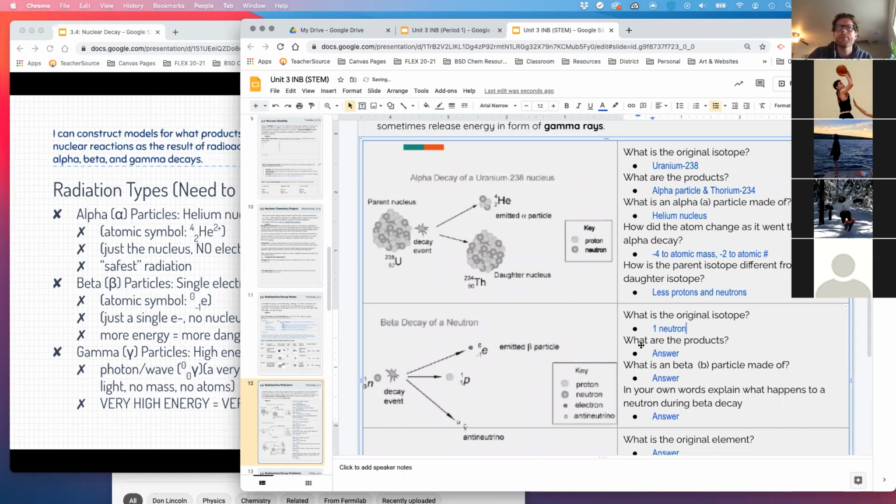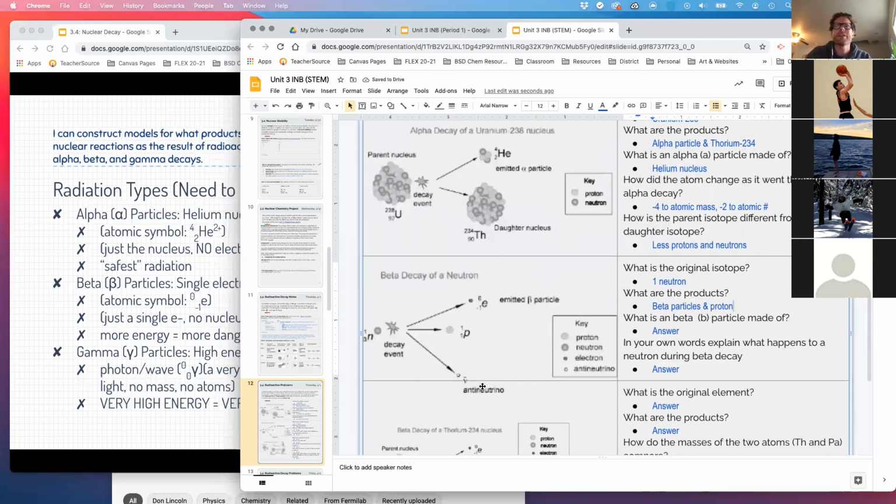But let's see what happens here when a beta particle is released from it. Okay, basically this beta particle is released, and now this neutron has turned into a proton. Okay, and low key, we don't need to know this anti-neutrino. Don't worry about that. It doesn't really affect us right now. What is a beta particle made of? It's made of a single electron.